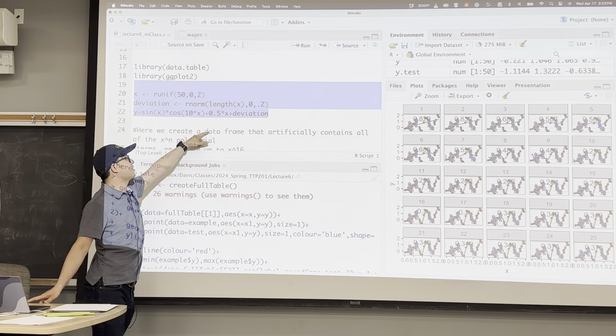There's a set of techniques called cross-validation, which allows you to do out-of-sample testing, and this is a procedure where we use our data to artificially make a test set.